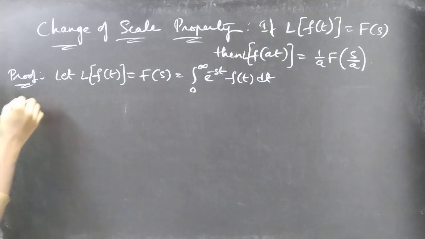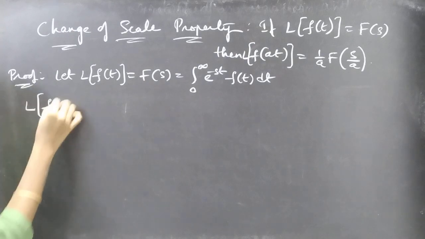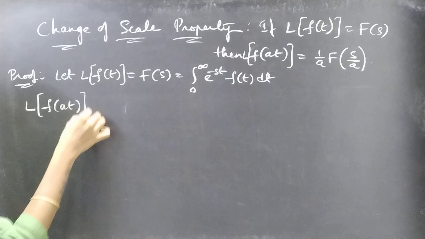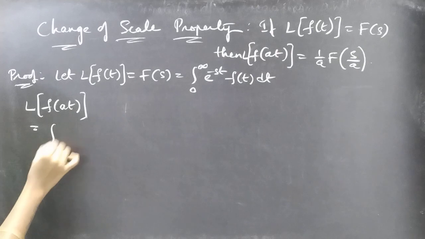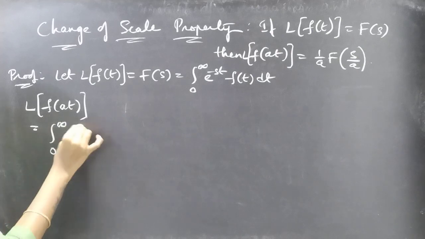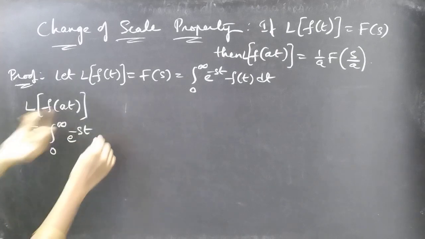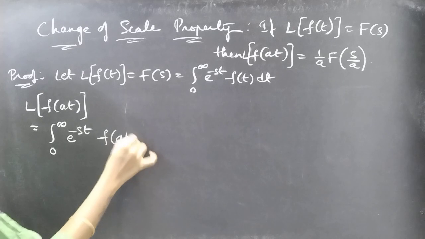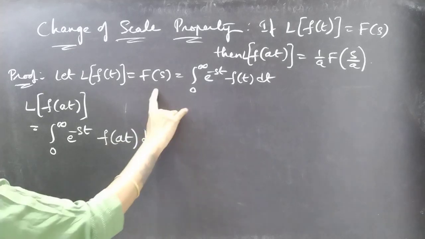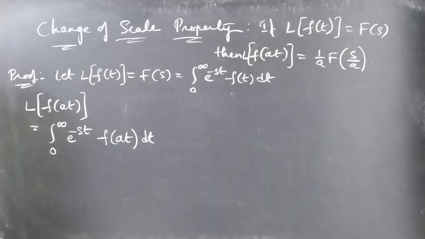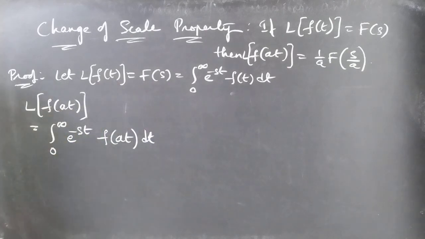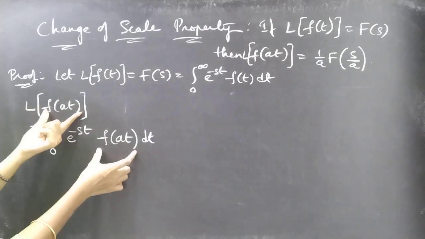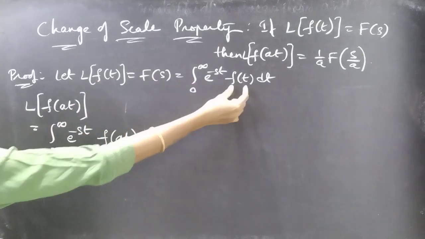Now coming to L of f of at, we can write this as the integral from 0 to infinity of e power minus st into the function f of at into dt. We are just applying this formula, and in place of t we'll have at.